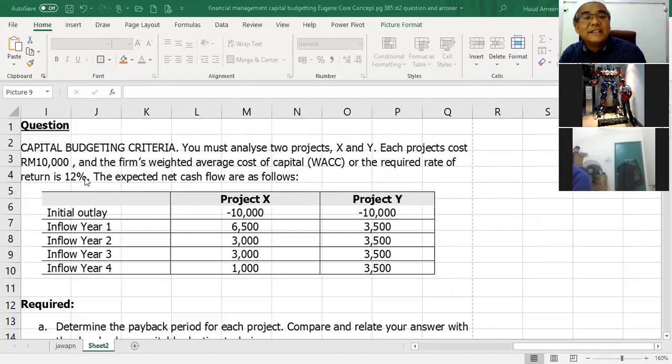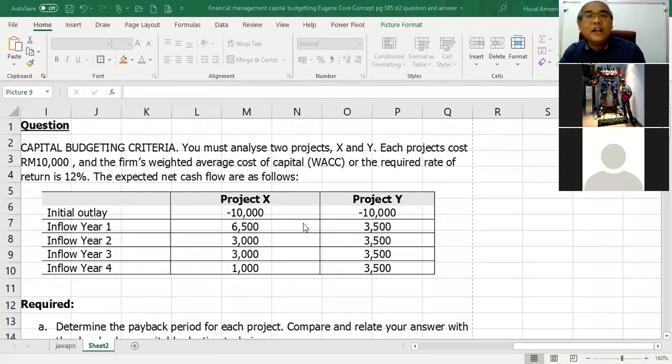Then you can use the tables PVIF and PVIFA. So this is project X and project Y. You invest 10,000 in each. Which project do you want to choose?